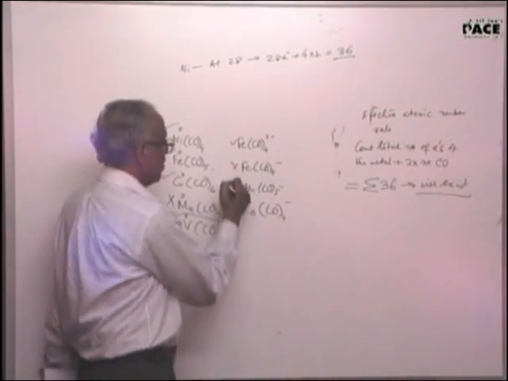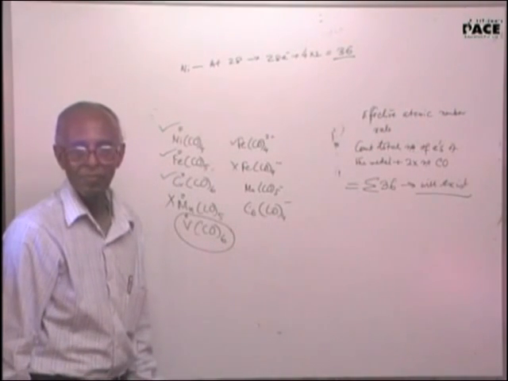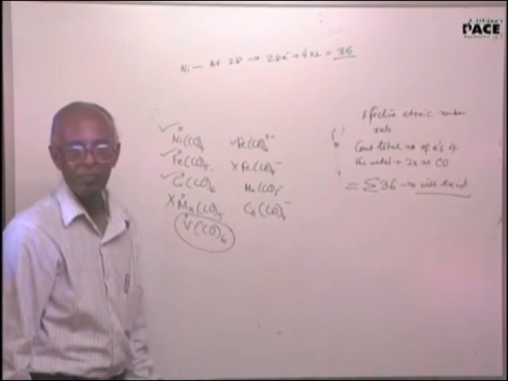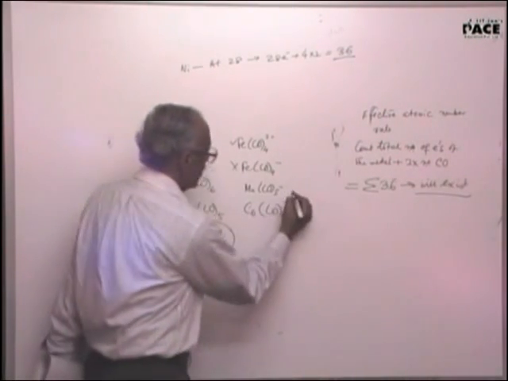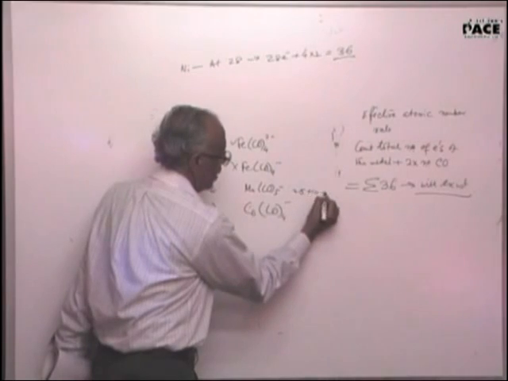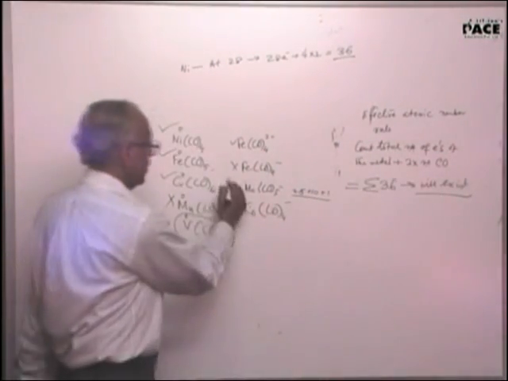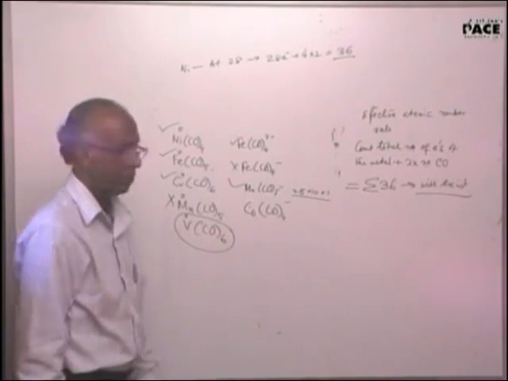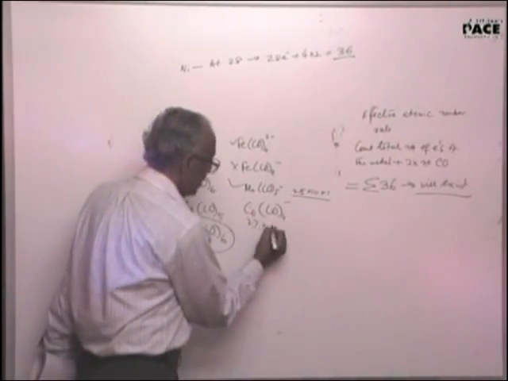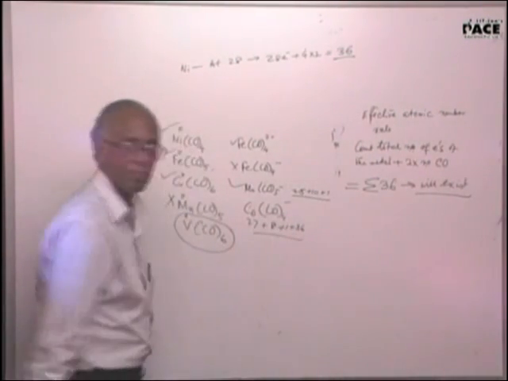This? 25 plus 10 plus 1. Yes, exists. This? 27 plus 8 plus 1, 36.